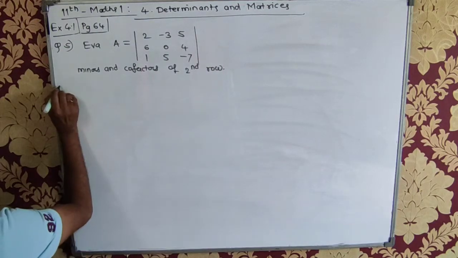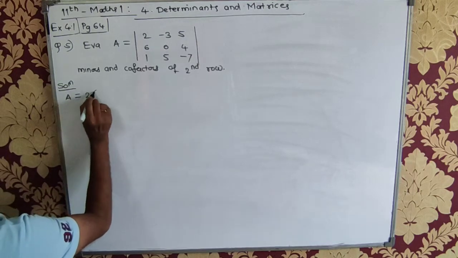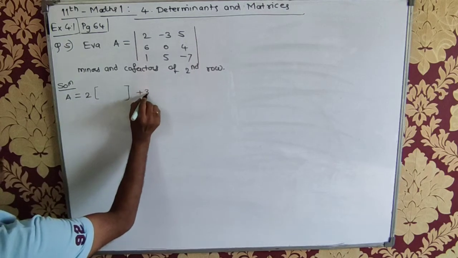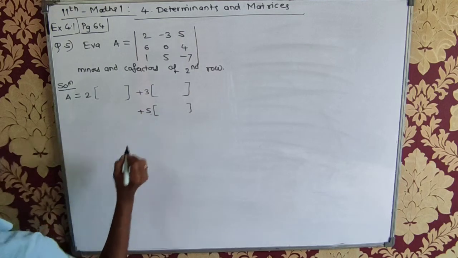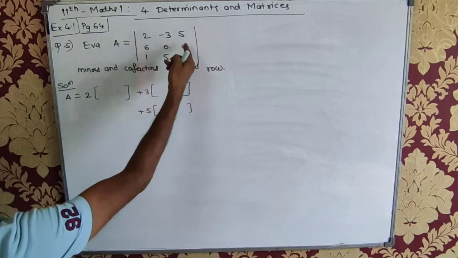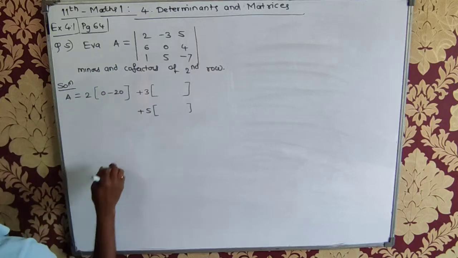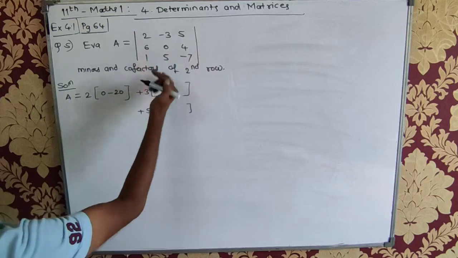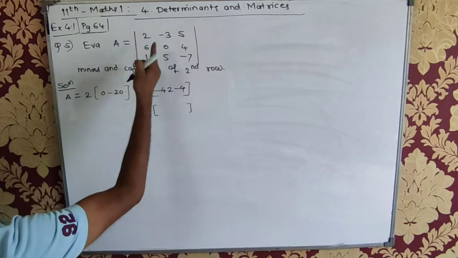क्या आएगा? A is equal to 2 into something something, minus of minus plus 3 into something something, plus 5 into something something. Tell me now. 2 into this product minus 0 minus this product, minus 20. Correct. Plus 3 into this product minus 42 minus 4, 42 minus. Correct. 5 into 30 minus 0.